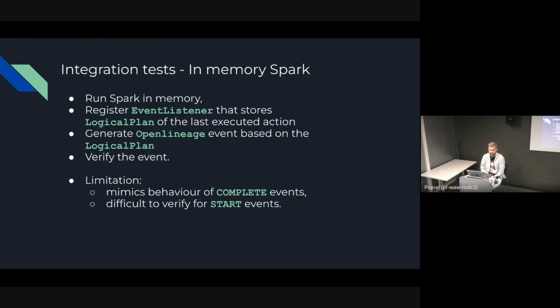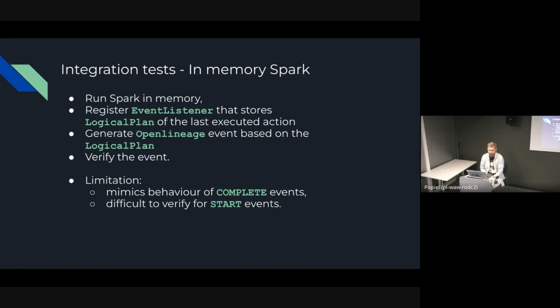The first option is to do it in memory with in-memory Spark. So we run a Spark session attached to the Java test context, and we register a special event listener that stores the logical plan of the last executed action. So we run some Spark code, we see what was the logical plan generated by this, and then we trigger OpenLineage event building based on this logical plan, and we verify the event.